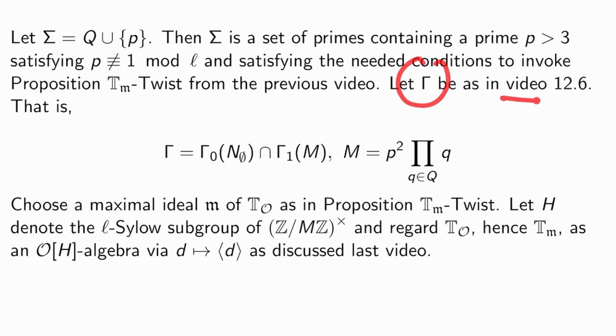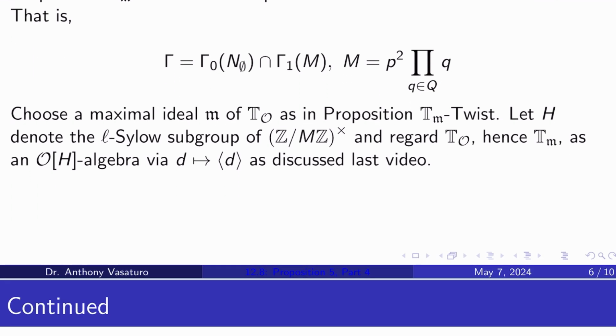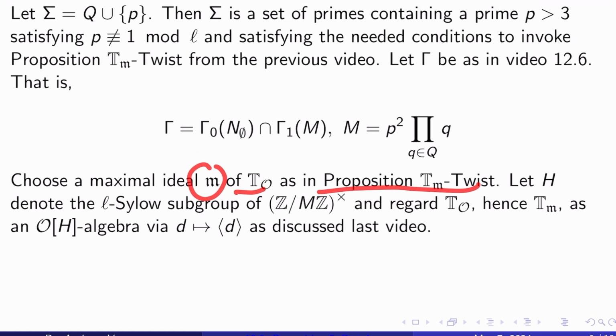Let's let Γ also be as in video 12.6, which as you recall is Γ_0 of l intersect Γ_1 of M, where M is p squared times the product of primes q in Q. Choose a maximal ideal m of T_O as in proposition T_M twist from last video. Let H denote the l-Sylow subgroup of (Z/MZ)^×, and regard T_O, hence T_m, because they're isomorphic, as O[H] algebras via the map d to diamond d, as discussed last video.